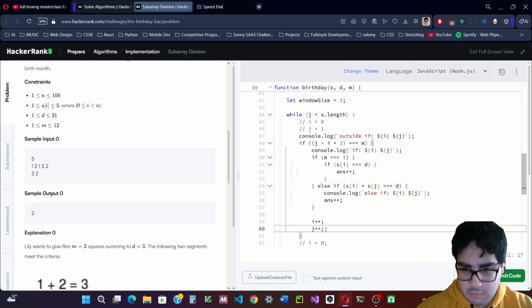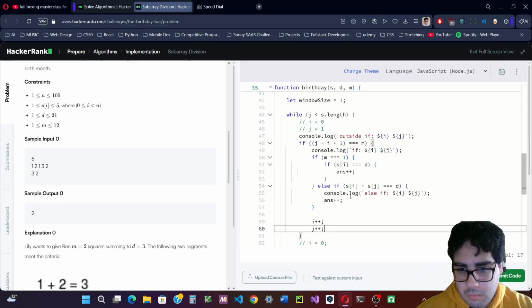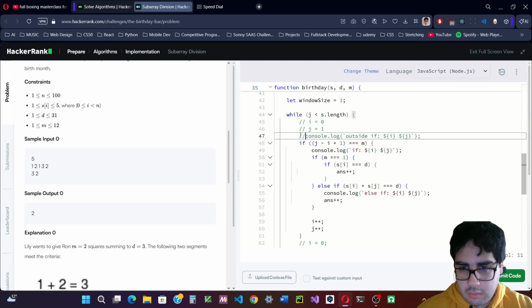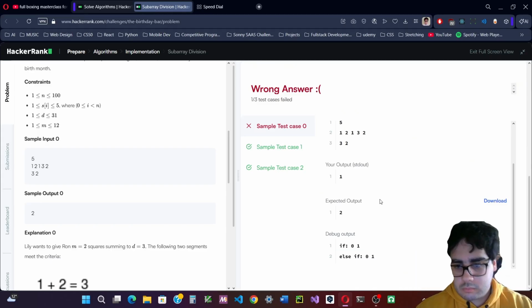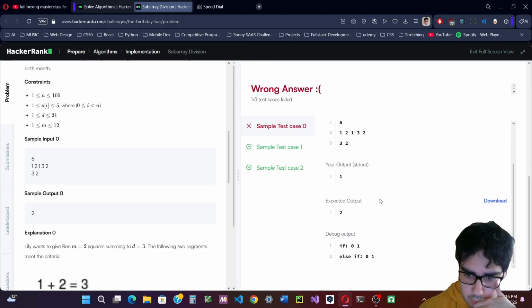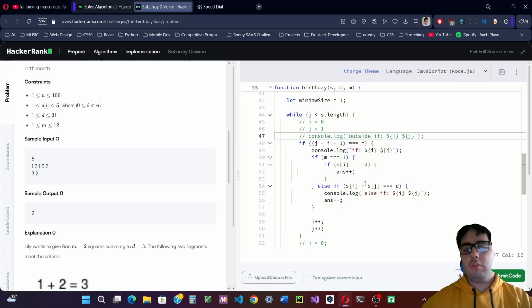Okay, let's get rid of this. 0, 1, also 0, 1. Okay, what am I not incrementing?